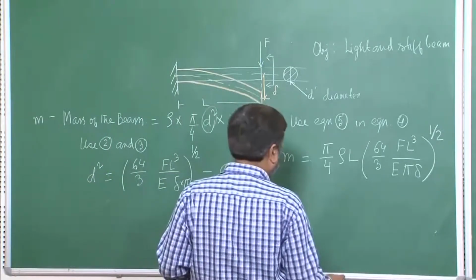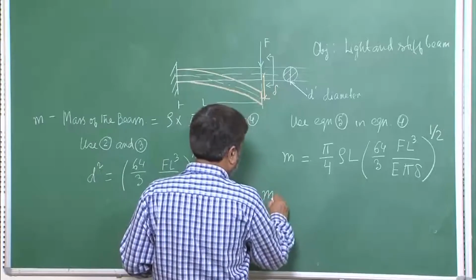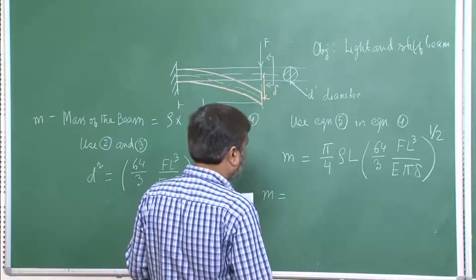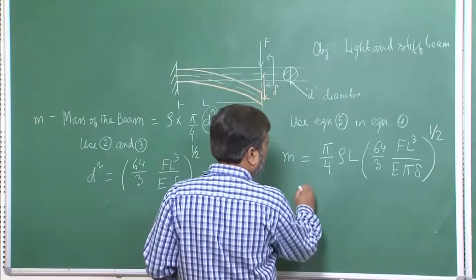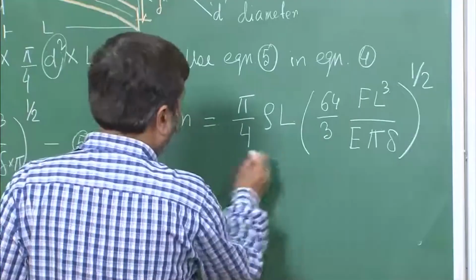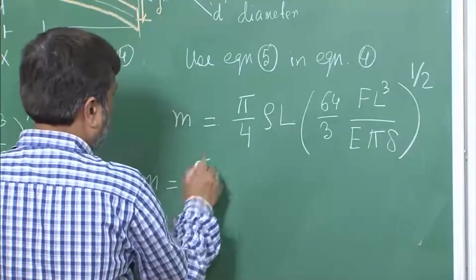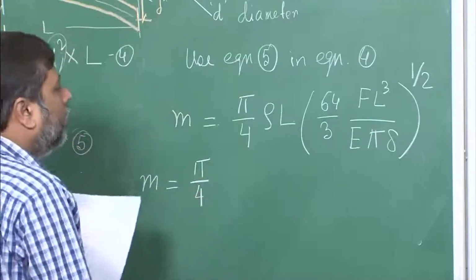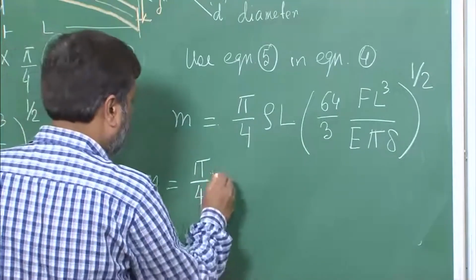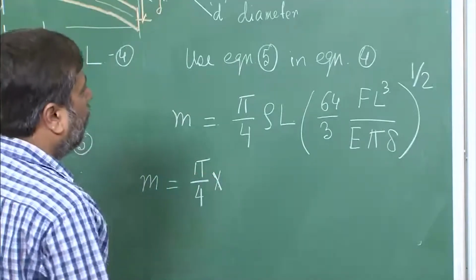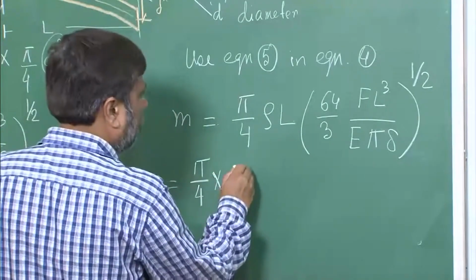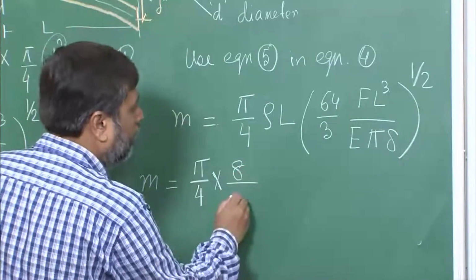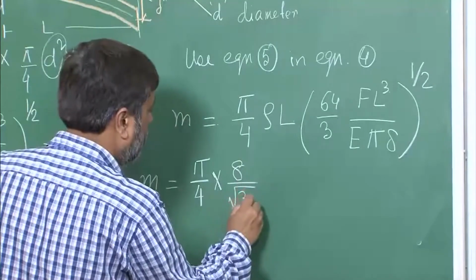So, let us now write down this mass in terms of some different parts. We have, let us say, the constants first. That is pi by 4, that is one constant, times 8 over square root of 3 pi.